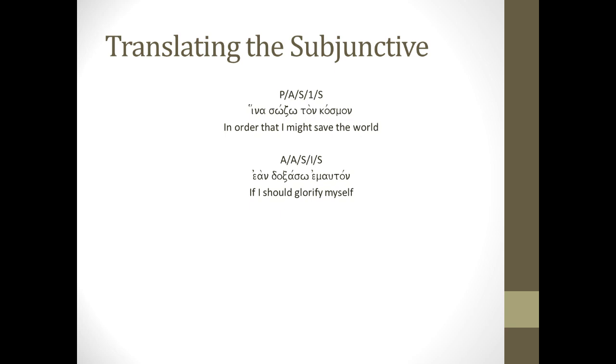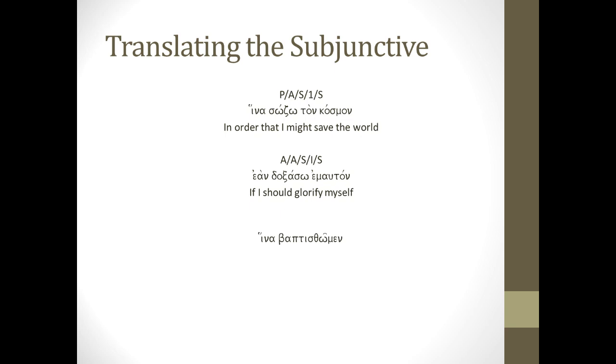The reason that we do that is because in the aorist subjunctive, we move outside the realm of time of action just to talk about the determinative action. We'll look a little bit more about this later. But it is something new to get your head around as you're translating an aorist subjunctive. It's just going to be simply, if I should glorify, almost as if you are dealing with a present tense. Let's take a look at another example.